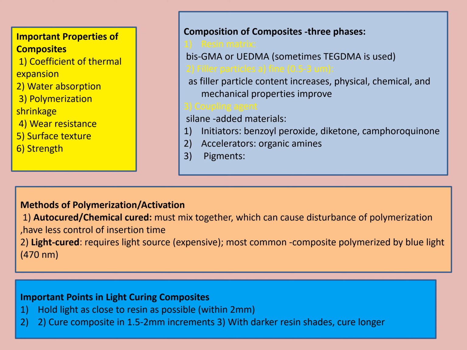Mostly we use the light cure composite, cured by blue LED light with 470 nanometer wavelength, and hold the light as close to the resin as possible, within 2 mm. For resin, you always do incremental curing in layers so that the chances of polymerization shrinkage are reduced.